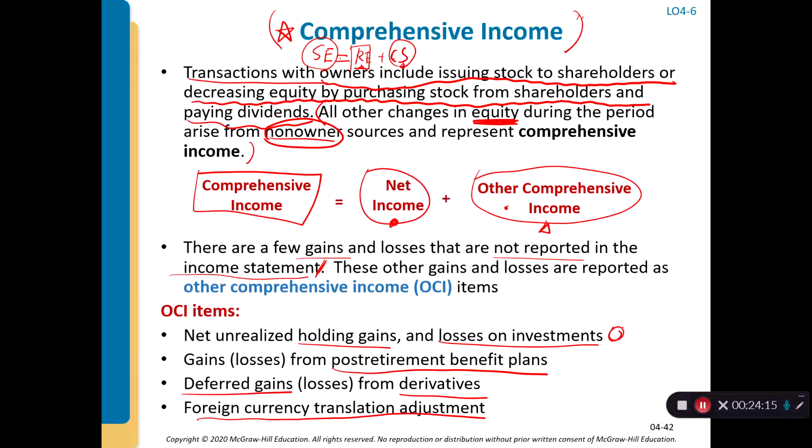For many debt and equity securities, these unrealized gains and losses are included in net income. However, for certain investments in debt securities, also known as available-for-sale debt securities, unrealized gains and losses are reported as other comprehensive income in shareholder equity.